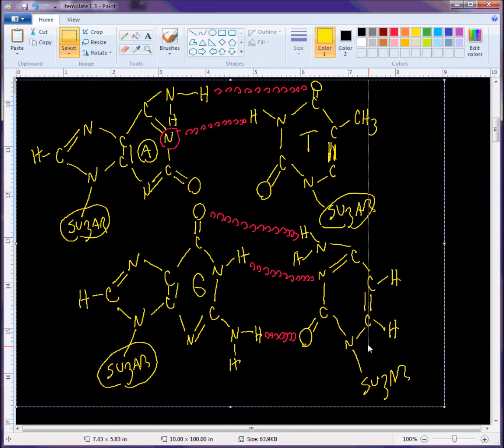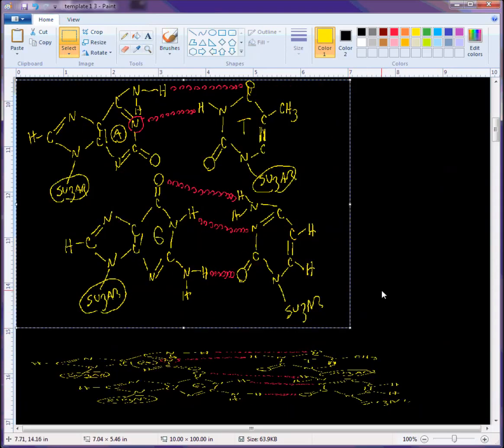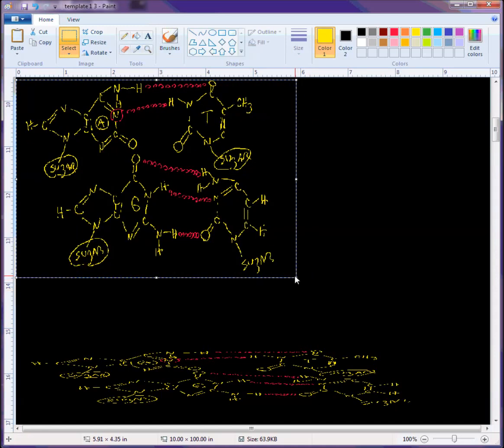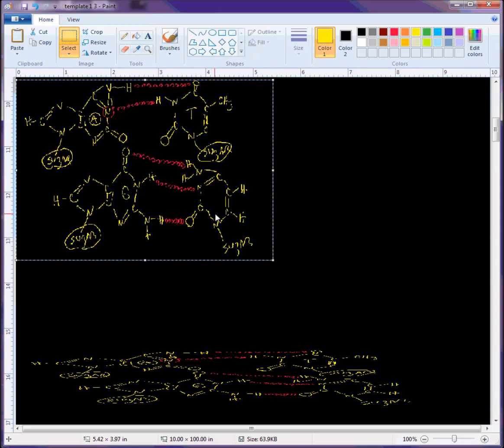No. Like that. Okay, it doesn't look that great, but I just want to draw the sugars around these so we get an idea of how you would draw a structure like this, or what it should look like at least when we have the sugars attached to these.